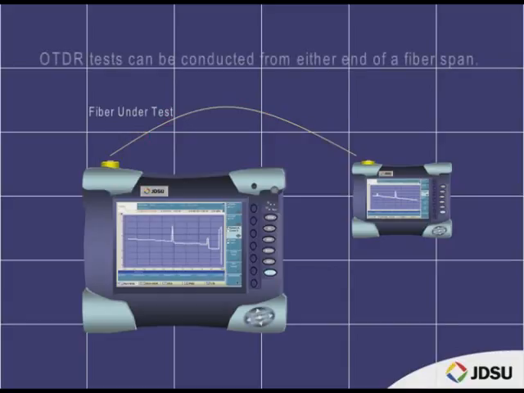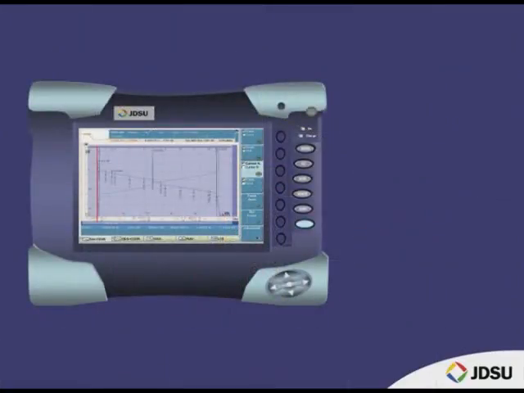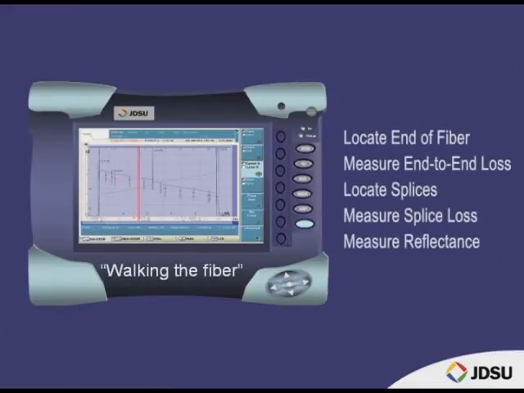OTDR tests can be conducted from either end of a fiber span. Once a trace is produced by an OTDR, it can be used to measure such things as distance, location, loss, and reflectance.